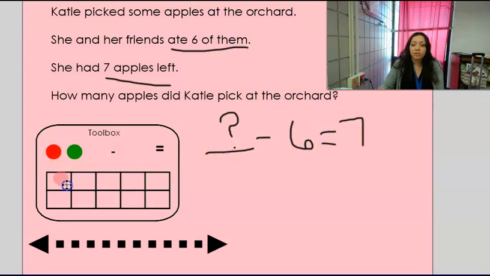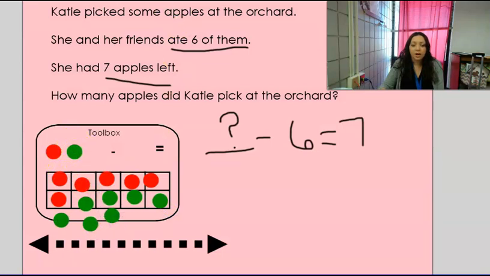So I'm going to use the red for the apples that they ate. 1, 2, 3, 4, 5, 6. And for my other part, I'm going to use the green. 1, 2, 3, 4, 5, 6, 7.